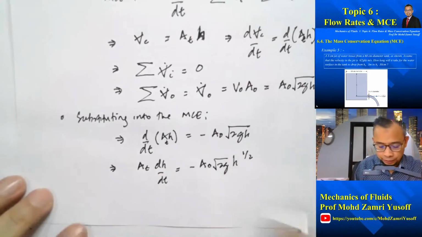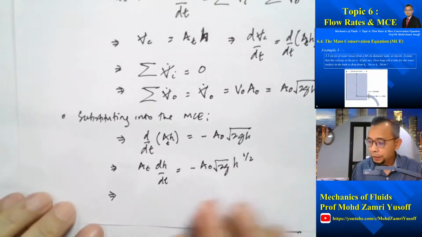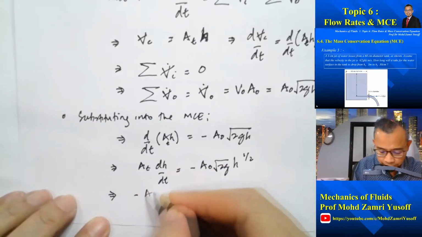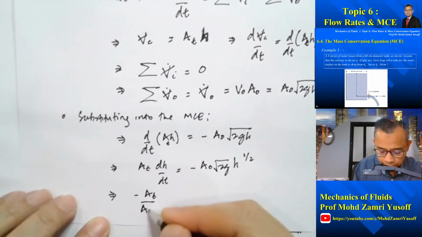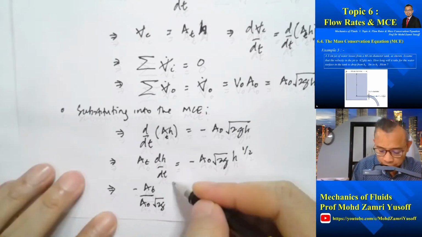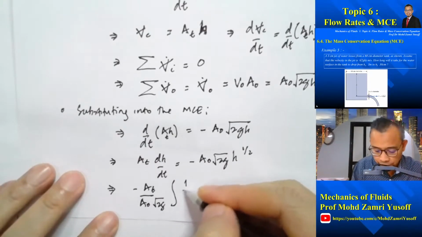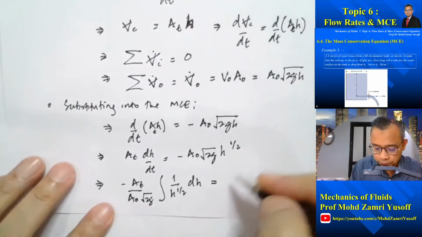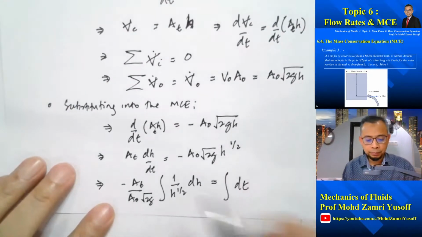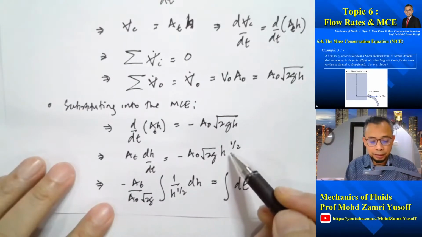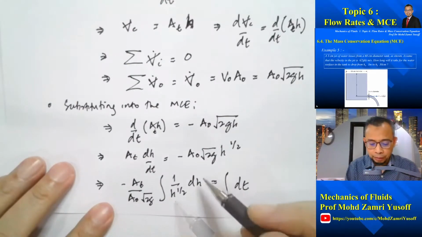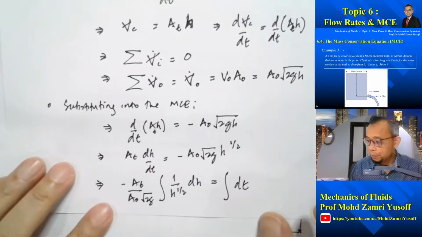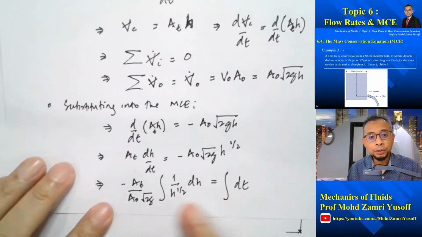Now I can rearrange this a little bit. So I have minus At over a naught root 2g, integral of 1 over h to the half dh, must be equal to dt. Bring this to this side and bring h to the half to the bottom here. So I will obtain this equation.